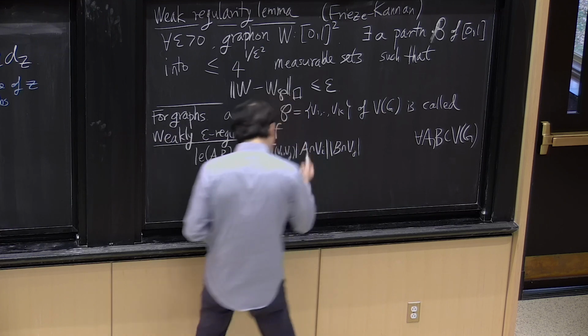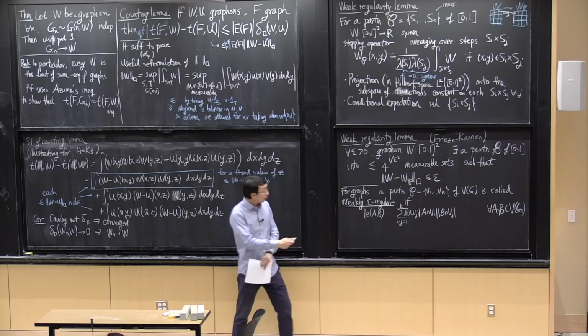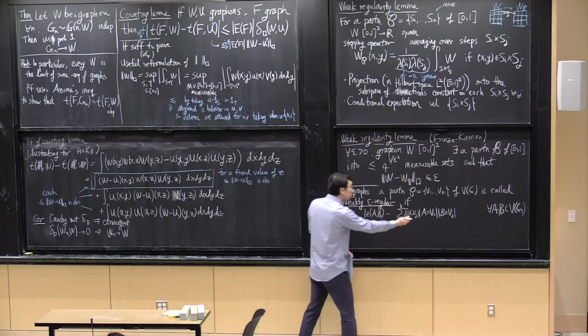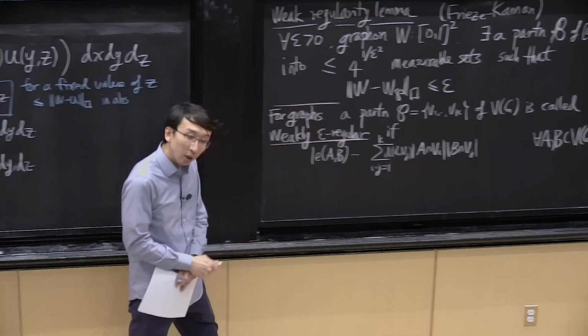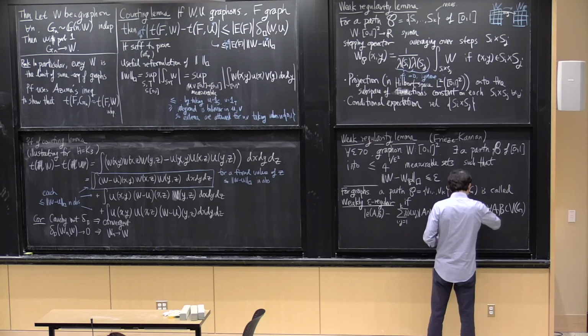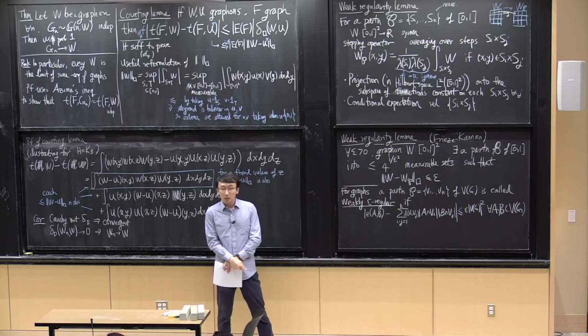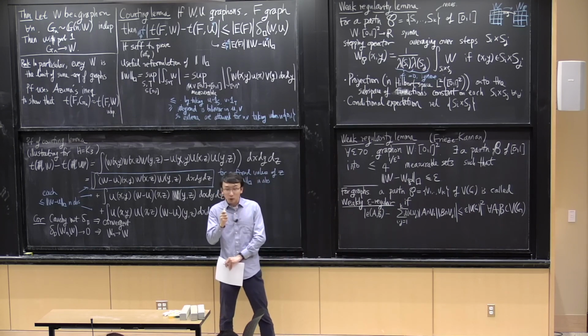So that's your predicted value based on the data that comes out of the partition. I claim that this is the actual number of edges, this is the predicted number of edges, and those two numbers should be similar to each other, by at most epsilon n, where n is the number of vertices. So this is the definition of what it means for a partition to be weakly epsilon regular.